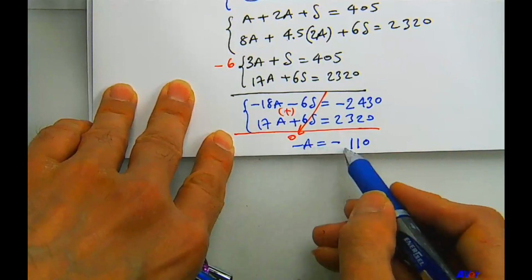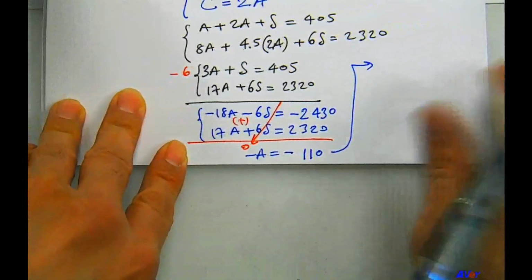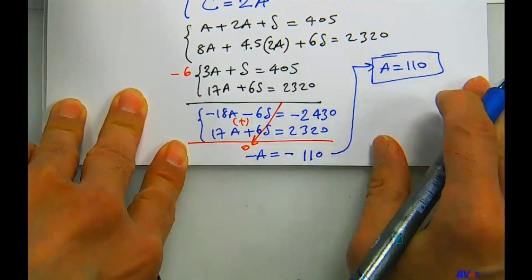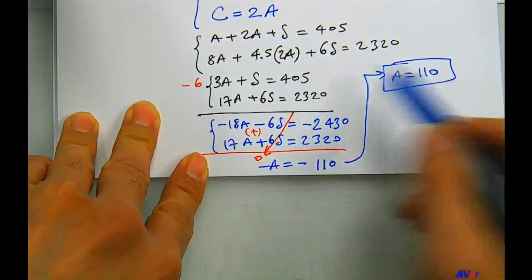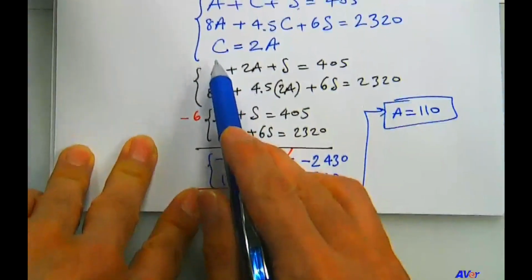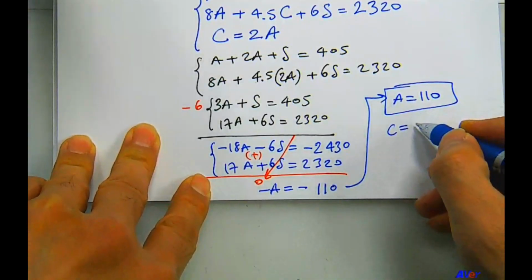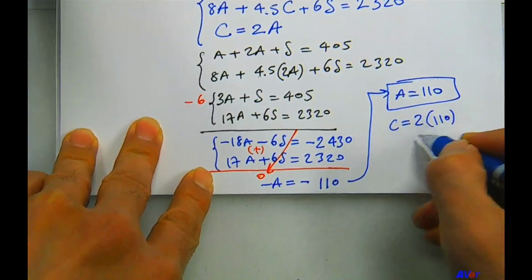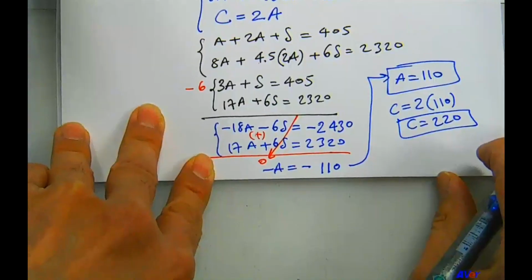So minus A equals minus 110. That will give us A equals 110 tickets. So if adult tickets were this many and children were twice as many, given this equation, then we can right away tell that children were 2 times 110, or there were 220 children that went to the theater that day.